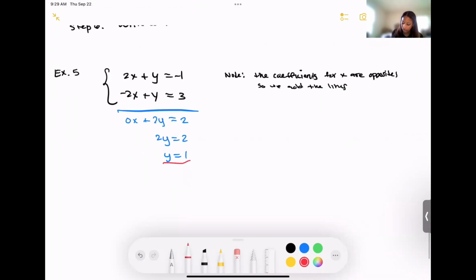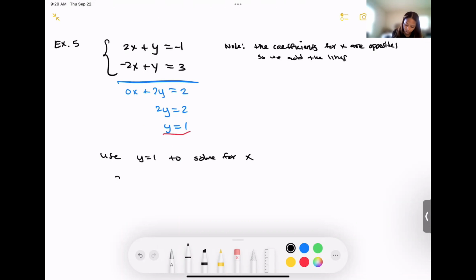Once we have y equals 1, we can use it to solve for x. So use one of the other equations, 2x plus y equals -1. We're going to substitute y equals 1. So 2x plus 1 is equal to -1.